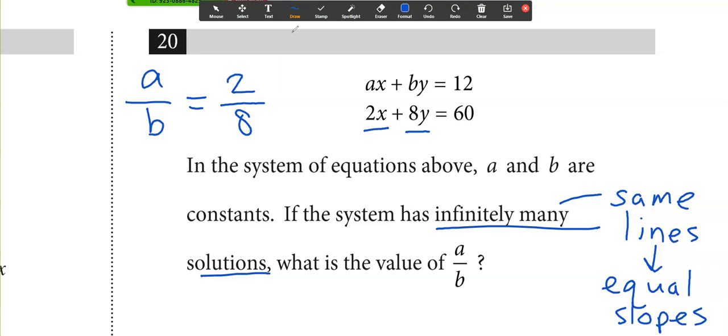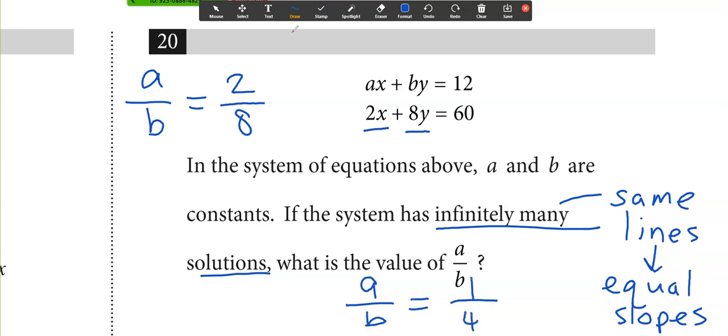Now, I'm not saying that a is equal to 2 and b is equal to 8. I'm saying that a over b has to be the same thing as 2 over 8. So you can tell me that a over b is equal to what? Because they probably will want it reduced.